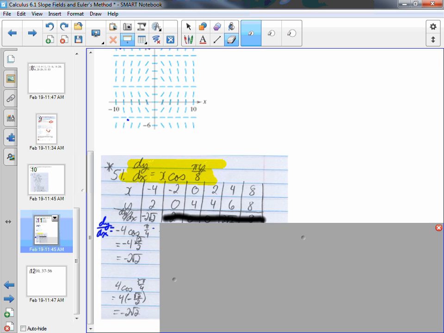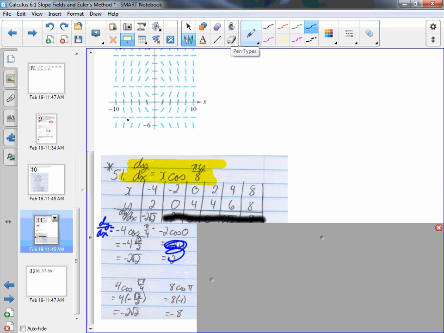All right, now, let's do the same thing for the point (-2, 0). And again, I should have written dy/dx equals, and then replace the x with a negative 2, cosine of, replace the y with 0, so that'd be the cosine of 0 over 8, which is the cosine of 0.